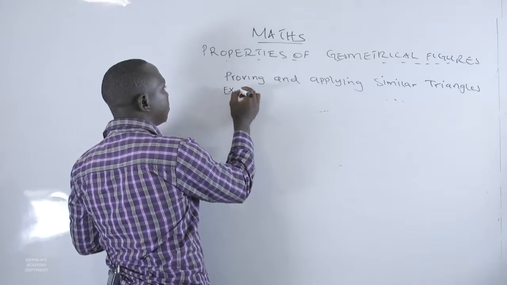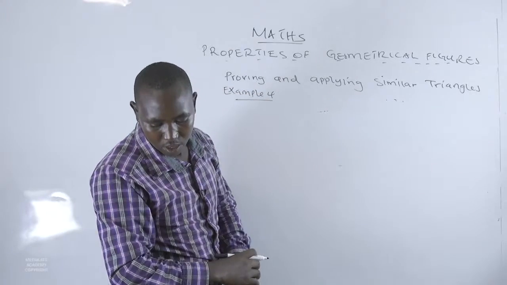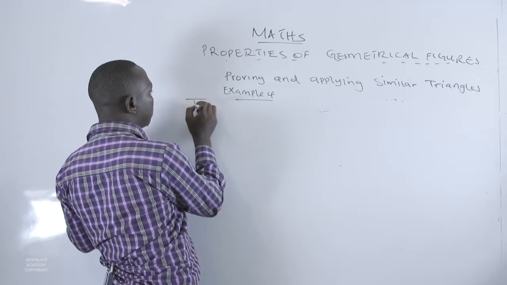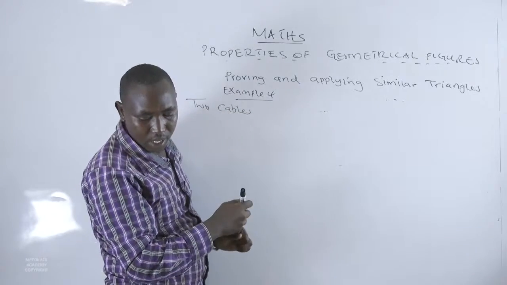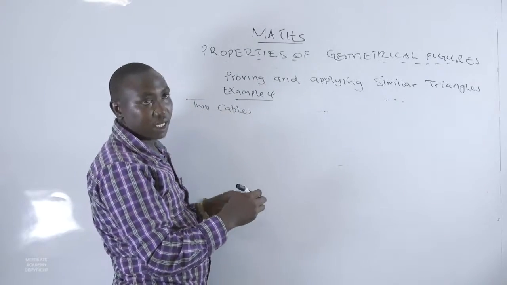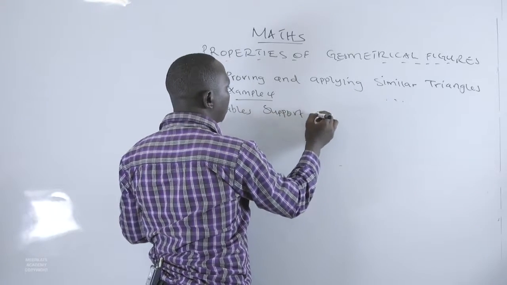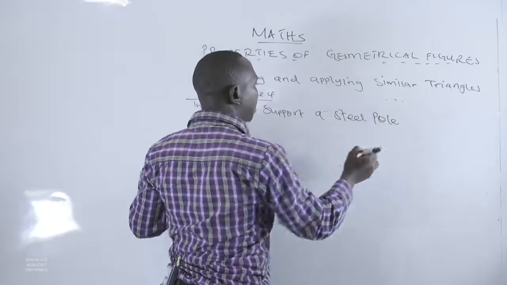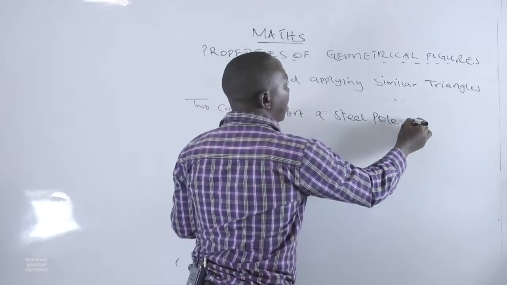Example 4. We are told that 2 cables support a steel pole at the same angle.